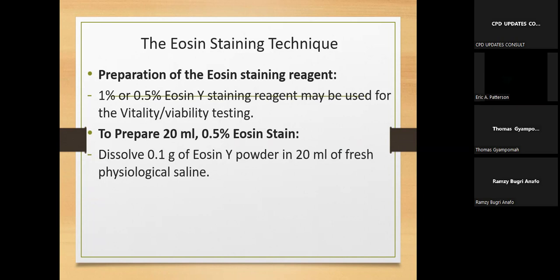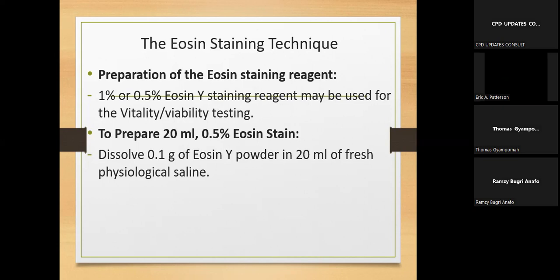That is the staining reagent. I have an example here of how to prepare 20 mils of 0.5%. Because if you have 1% and 0.5%, I'm sure 0.5 will be cheaper, since it is a diluted form of the 1%.